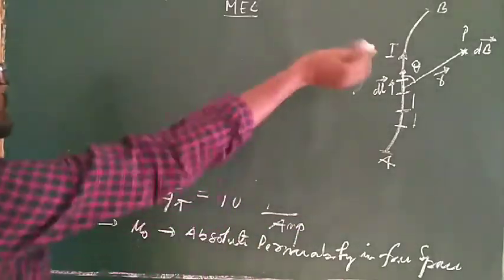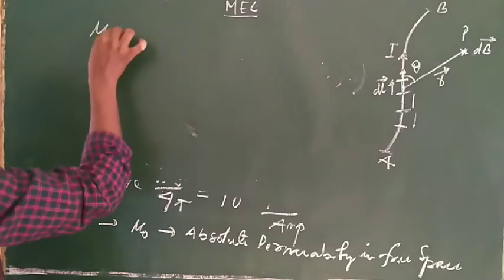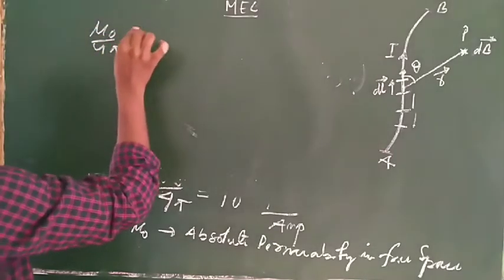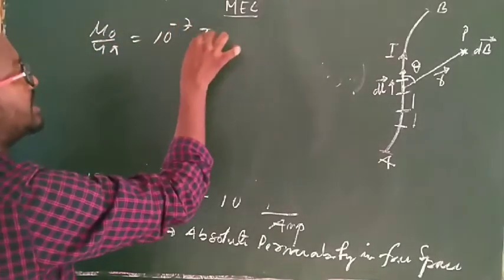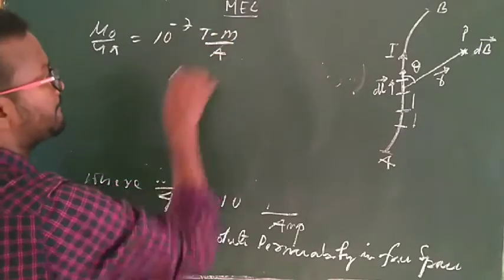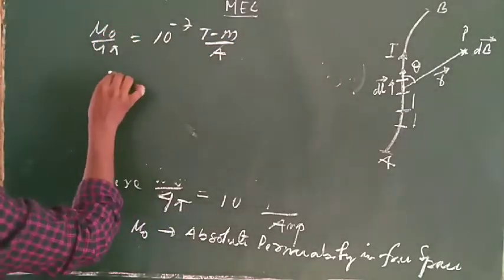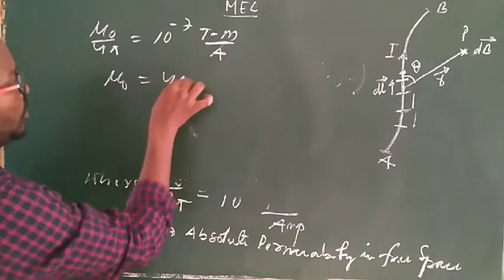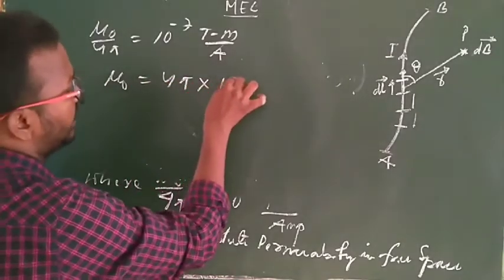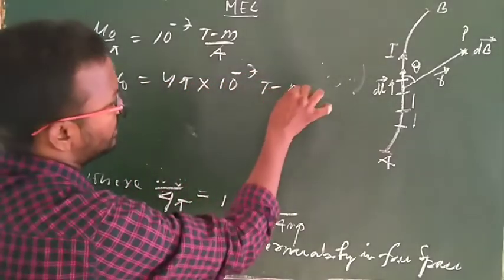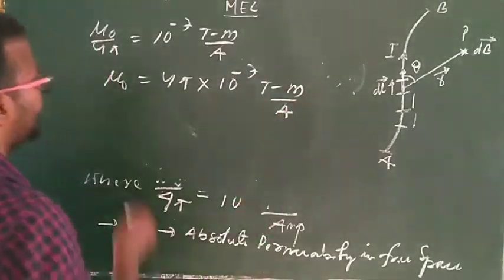The value of mu naught we can write, since mu naught by 4 pi equals 10 to the power minus 7 Tesla meter per ampere, then mu naught equals 4 pi into 10 to the power minus 7 Tesla meter per ampere.